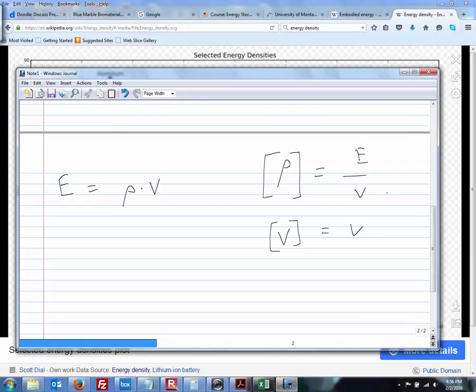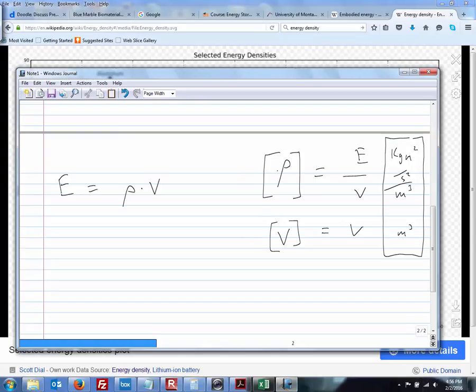And if you want to get picky, you can say, well, this is meters cubed, this is kilograms meters squared per second squared, etc. But you do not need to dig down into all of these weeds here, just to let you know. At the end of the day, though, when we multiply density, which is energy per volume, by volume, we're going to get energy. That's first thing to know.